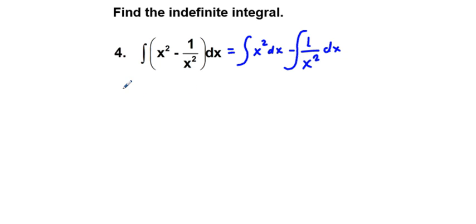And we're going to now simplify this one on the right. We're going to have the integral of x squared dx here, and minus the integral of, now 1 over x squared is x to the negative 2 power dx.